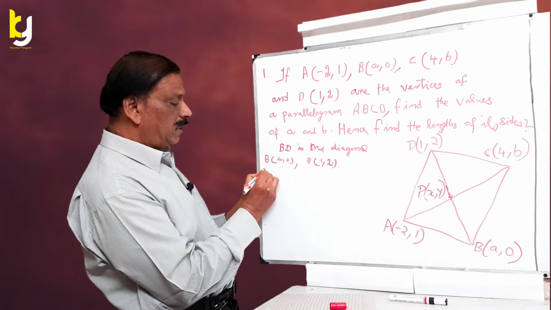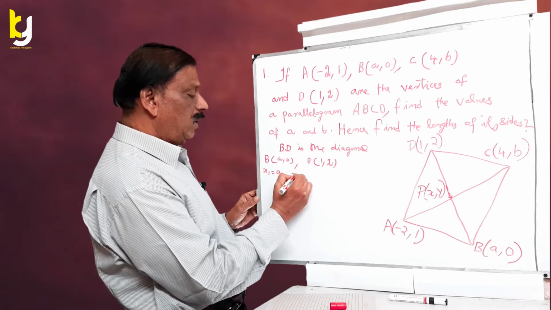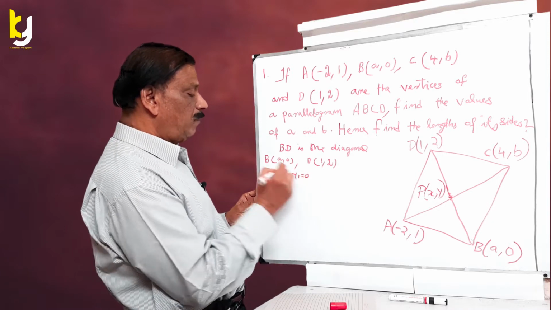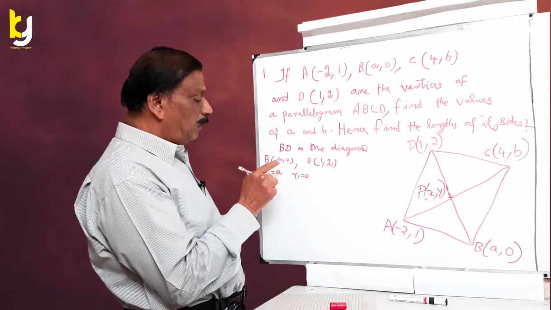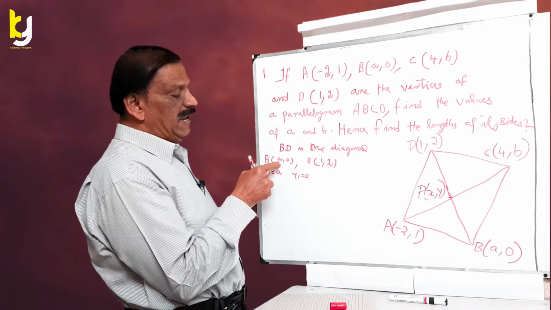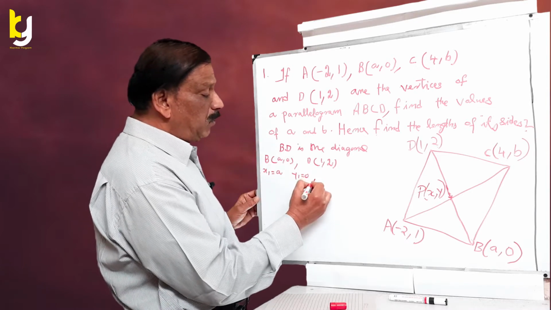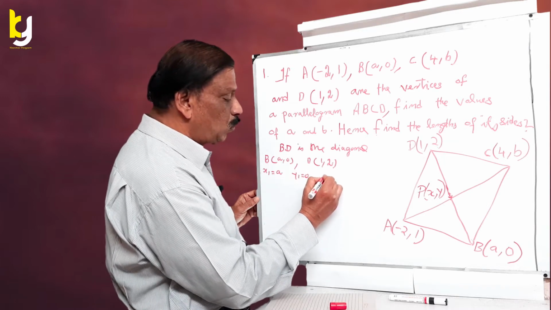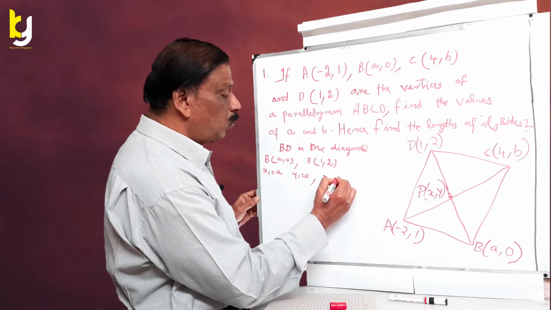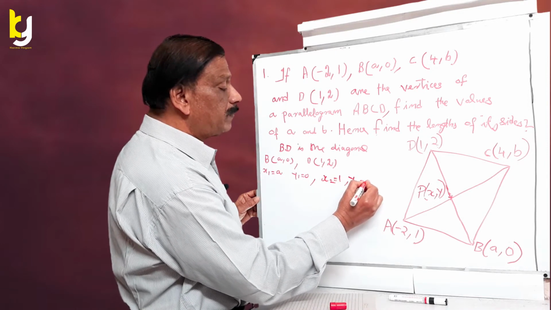So x1 equals a, y1 equals 0. That is, the first point's x coordinate is a and y coordinate is 0. Second point's x coordinate, that is D's, x2 is equal to 1, and y2 is equal to 2.